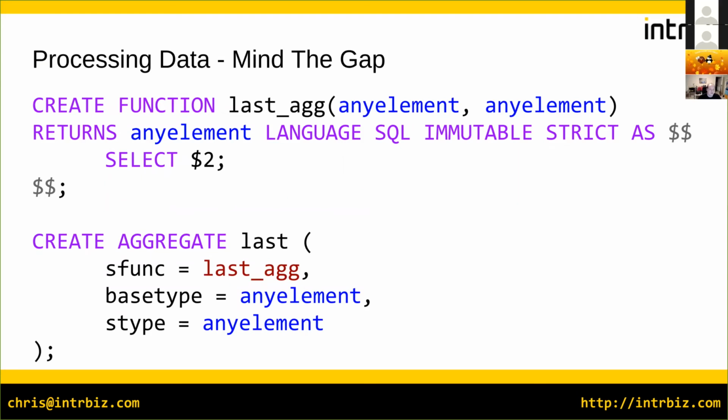They basically work by having a function that has a state and then sees the current variable, and you can do whatever you want. For this particular one, all we want to do is hold the last known value. So we have an aggregate we created called last, and its definition as a SQL function is super simple. We're just going to hold on to whatever the last value we had was.